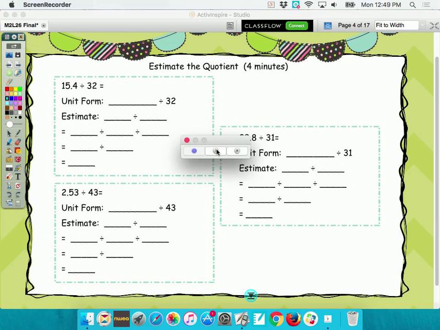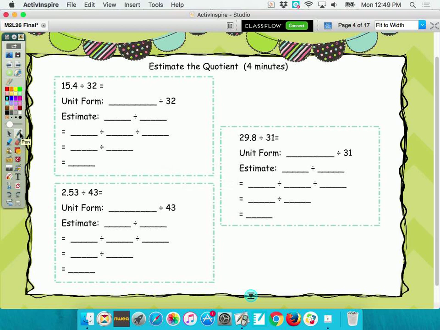So this is Thursday and Friday. First thing I need to do is think of this 15 and 4 tenths as 154 what? Tenths. So go ahead and write that down. Okay. Now I'm going to estimate. So round 32 to 30.